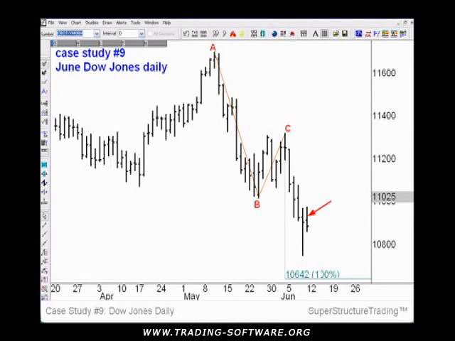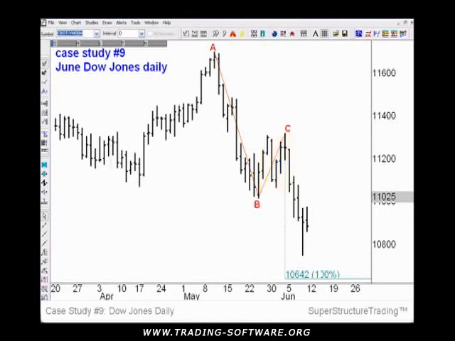We also see something very interesting here. The formation at C is a double top. You have two highs here, the second high being higher than the first, as mentioned earlier. And of course, here is that pivot low in between that confirms the double top.